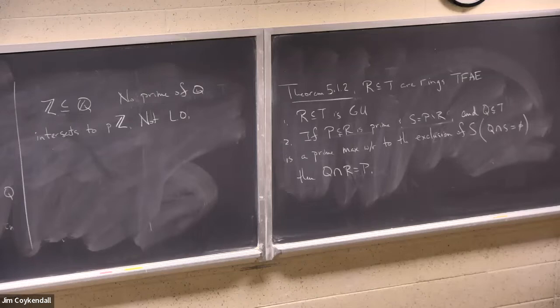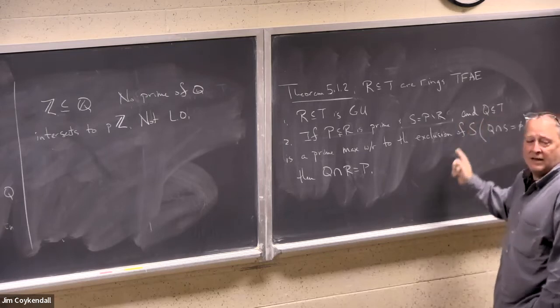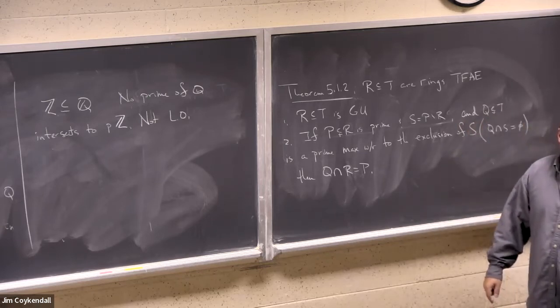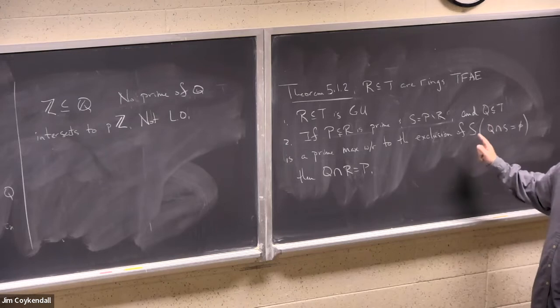You bet your bottom dollar, because S is a multiplicatively closed set of R, and R is contained in T. So S is a multiplicatively closed set of T as well. There certainly is an ideal in T that misses S, namely the 0 ideal. And I can expand that ideal to an ideal that's maximal with respect to the exclusion of S. So yes, indeed, this always happens. There is such an animal.